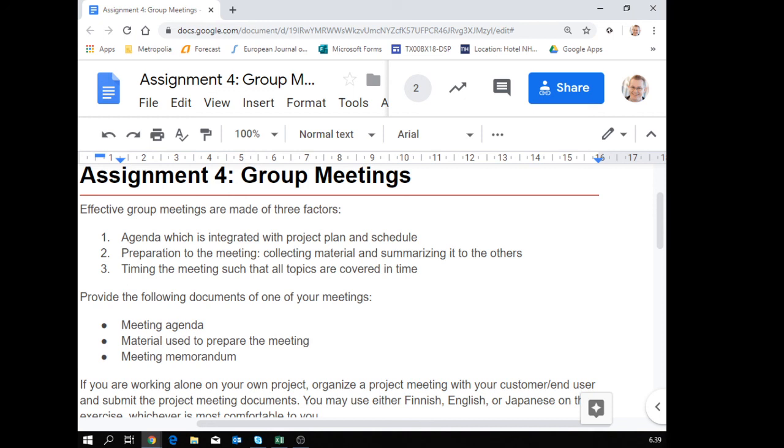On time, on budget, and this budget actually also means the time resources, not just the equipment and that kind of stuff, but also time-wise, are we on time?